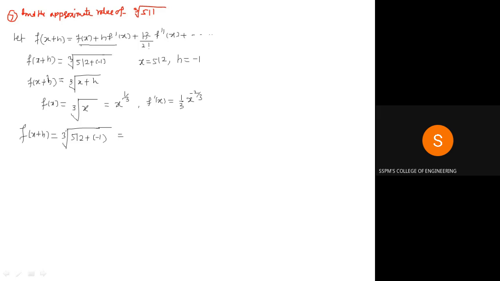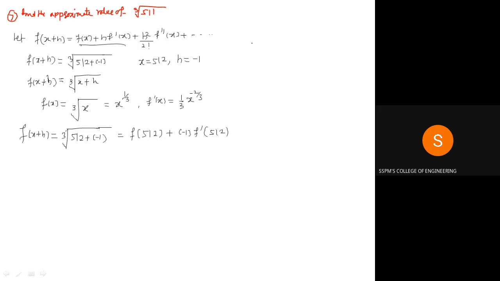तो पहले खाली दो टर्म लिखना है, दो ही टर्म ले लो चाहे तो. So f of 512 ये वैल्यू आप लोगों को चाहिए प्लस h into f dash of x मतलब -1 into f dash of 512 ये वैल्यू आप लोगों को फाइंड करनी है. So which values are expected to get their approximate values? f of 512 and f dash of 512 also.